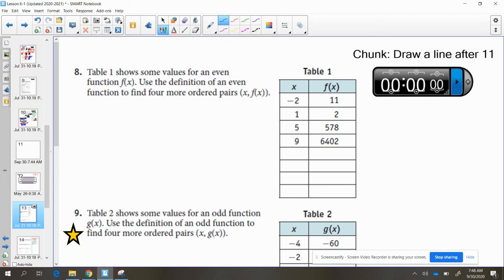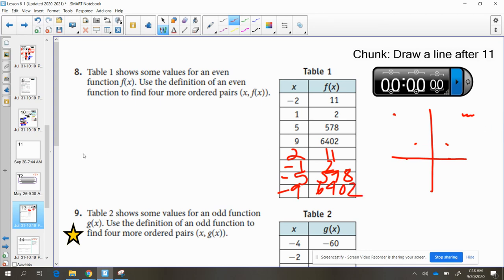So for instance, if we have positive 2, 11, this would have to be at negative 2, 11. Or if this was at 1, 2, this now needs to be at negative 1, 2 to see that relationship. So negative 5, 578, negative 9, 6402. Okay, because it needs to reflect over that.